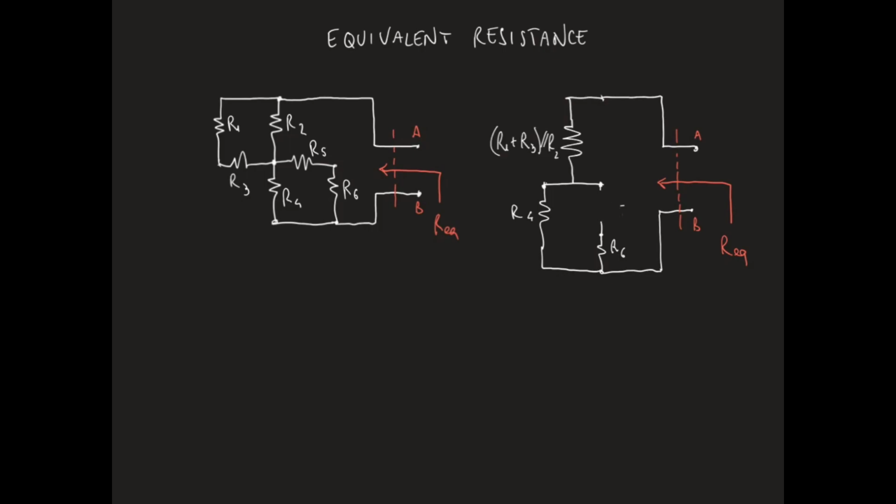Also, R5 and R6 are in series, so we can replace them with an equivalent resistor given by R5 plus R6.